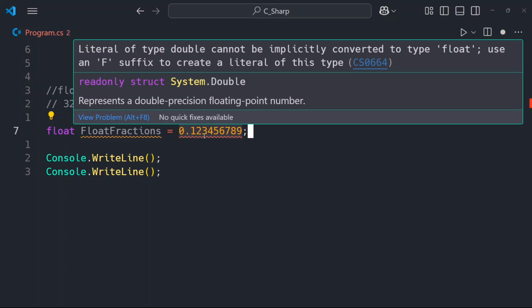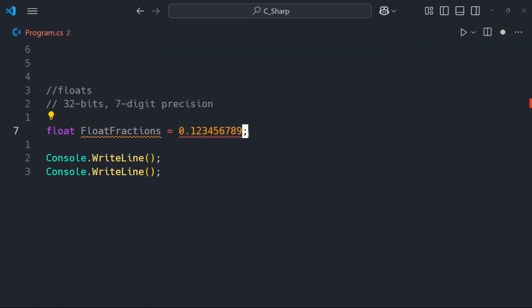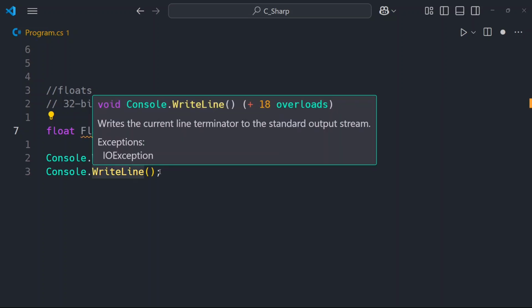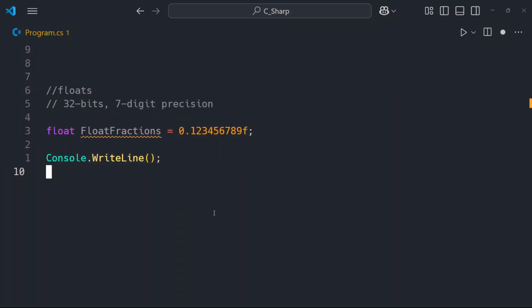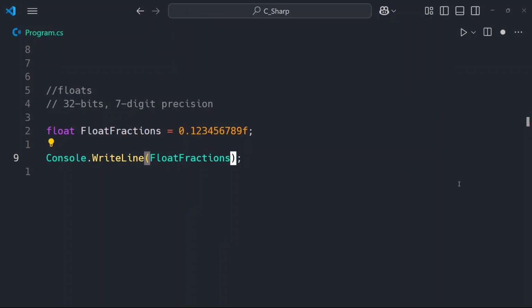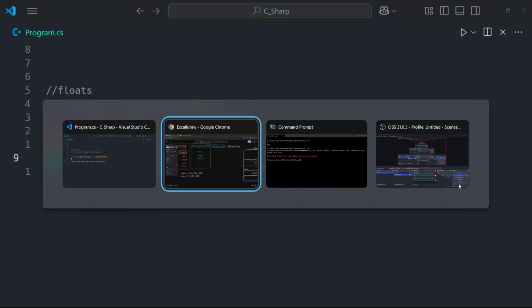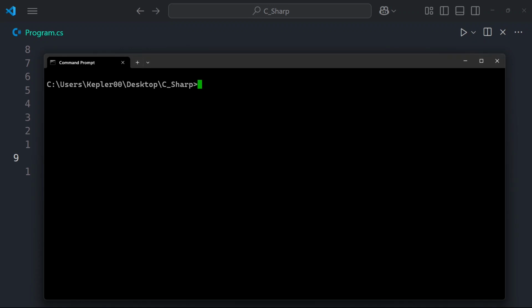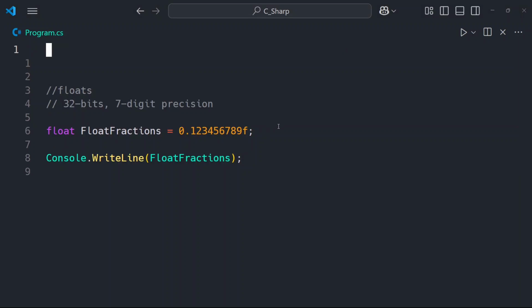Use an F suffix to create a literal of this type. So you have to put in the F at the end. And now it works. So you could say float fractions, and the compiler will accept that.